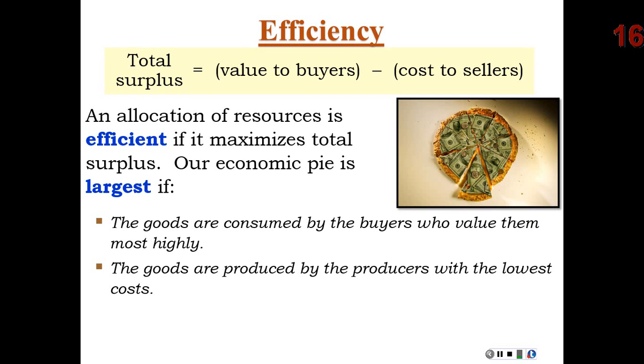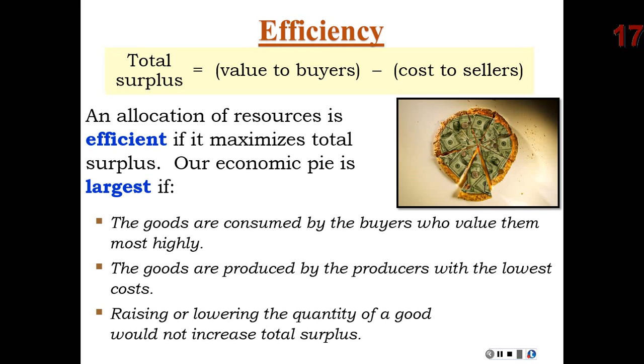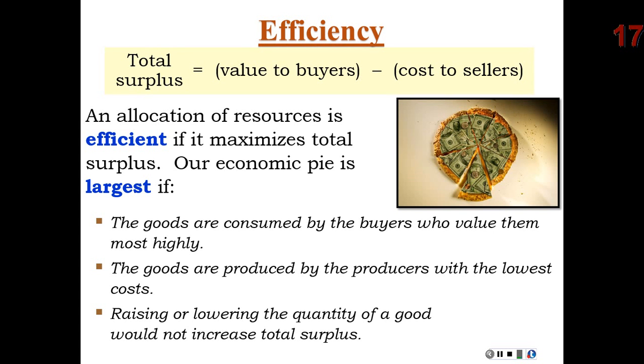If the goods are produced by the producers with the lowest costs, then you're maximizing producer surplus. And if by raising or lowering the quantity in the market you don't increase total surplus, then you can be sure that a competitive market equilibrium actually does maximize our economic pie and maximize our total surplus, and thus maximize efficiency in the market. So let's look at these questions in turn.